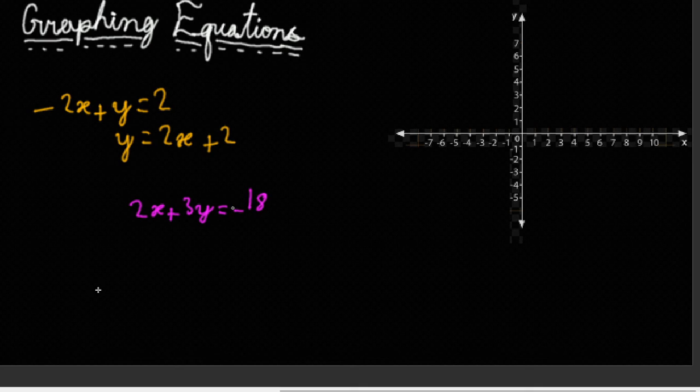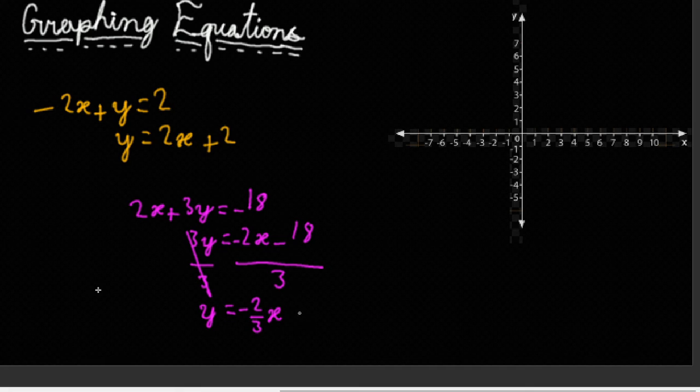We have to move this over here, so that leaves 3y equals negative 2x minus 18, and we have to do inverse operations to leave the y alone. Whatever we do on this side, we also have to do on this side, so that those cancel out. That leaves y equals negative 2/3 x and negative 18 over 3.